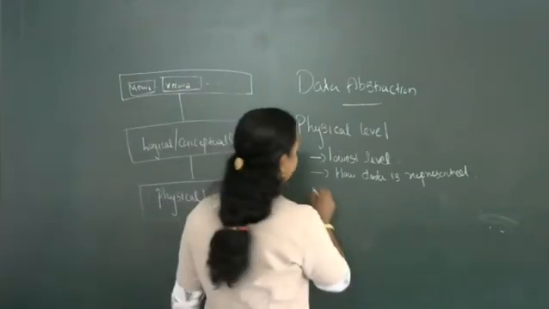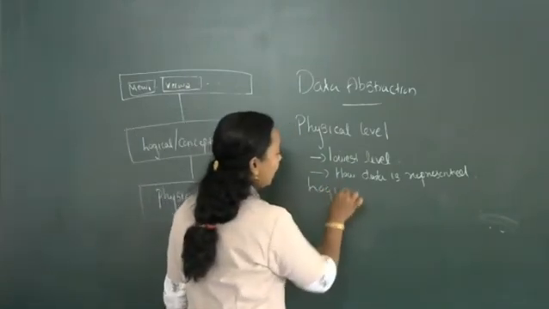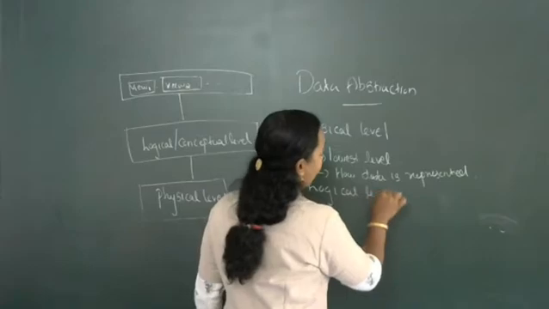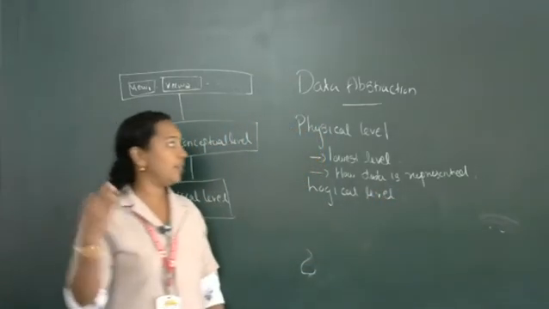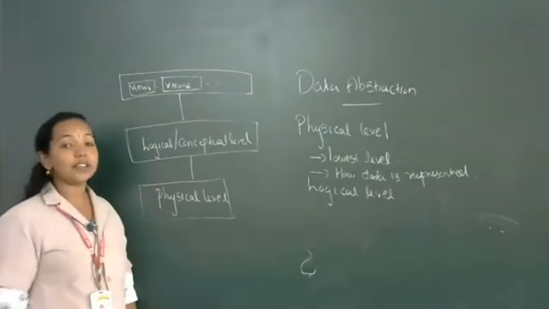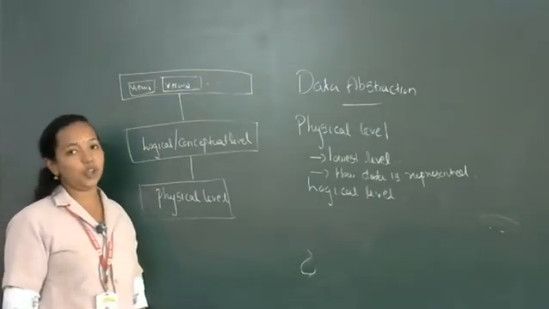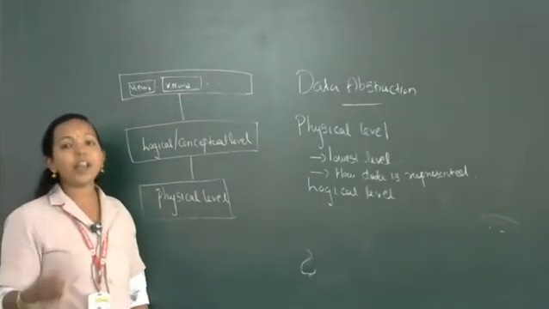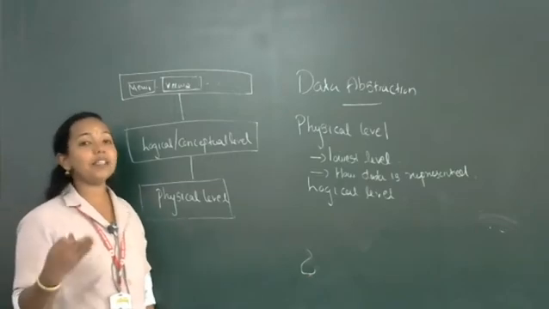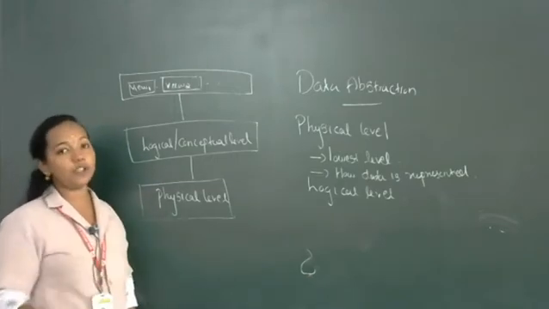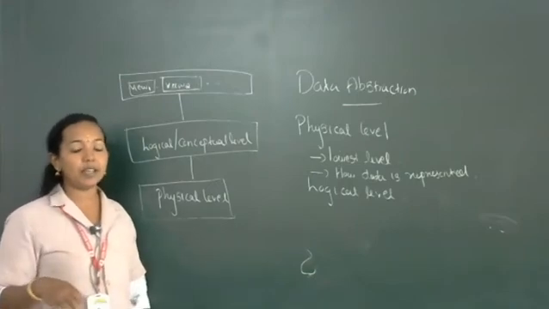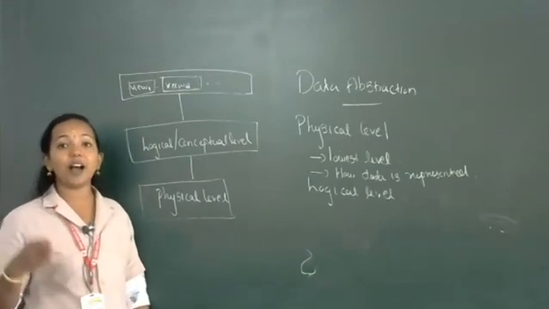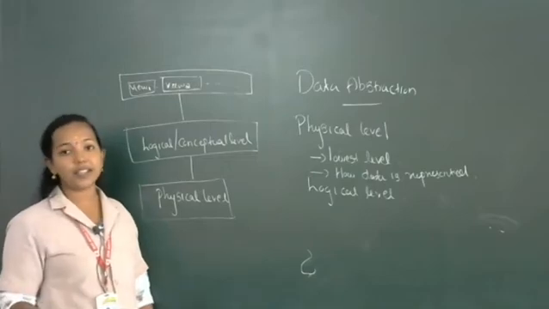Then next one is logical level. Logical level means the next higher level after physical level. One more name is the conceptual level. That means the programming statements are available in logical level. Actually, conceptual level or logical level describes the programming terms or the query language terms.